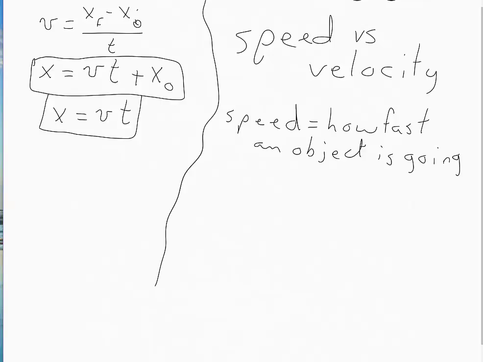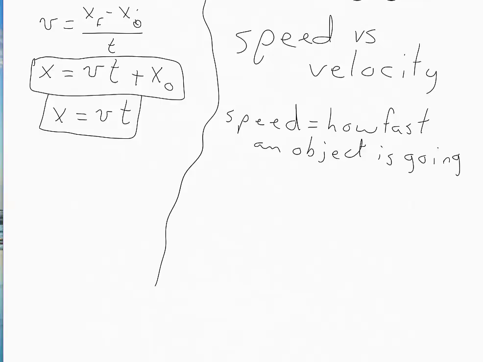That's all we know about it. The speed tells us nothing else. It doesn't tell us if it's going to the left or to the right, north, south, anything like that. Backwards, forwards, it tells us nothing except for how fast the object is going.